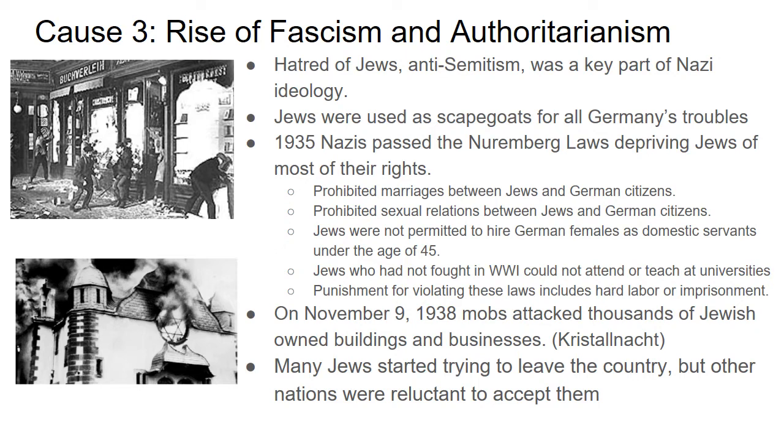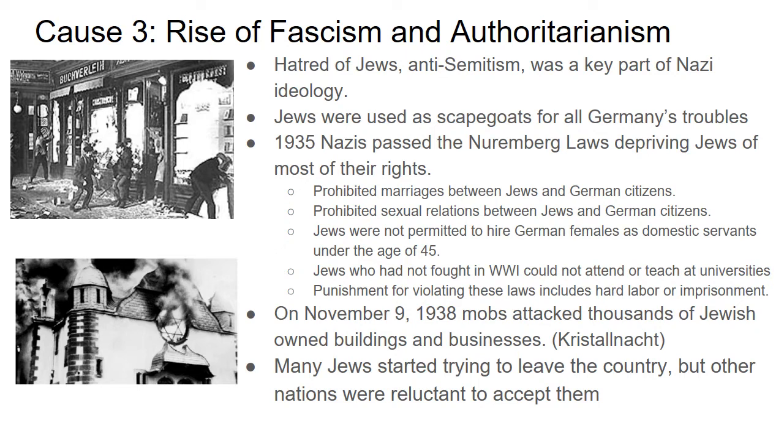And the punishment for violating these laws included hard labor or even imprisonment. So these laws and laws that follow after them start to marginalize Jews, push them farther away from the mainstream German population, and make them more and more viewed as others. And it also starts to chip away at their economic viability. Intense taxes are put on Jewish businesses as well.